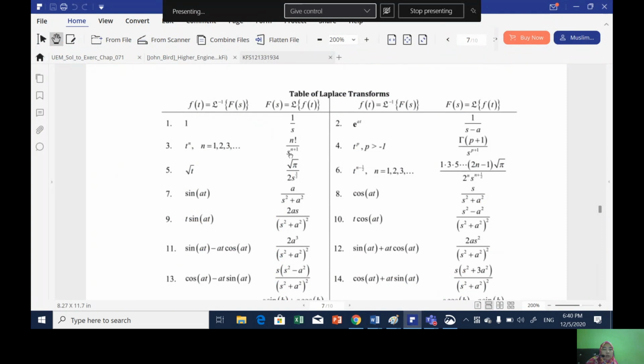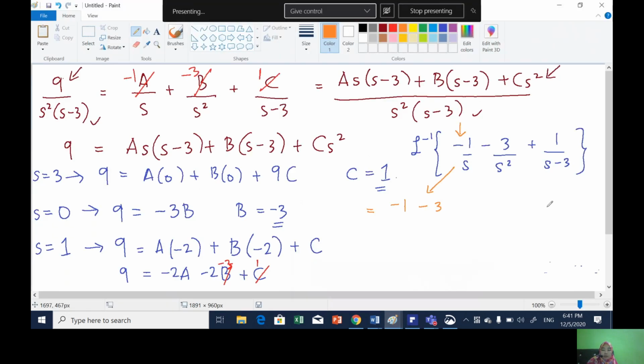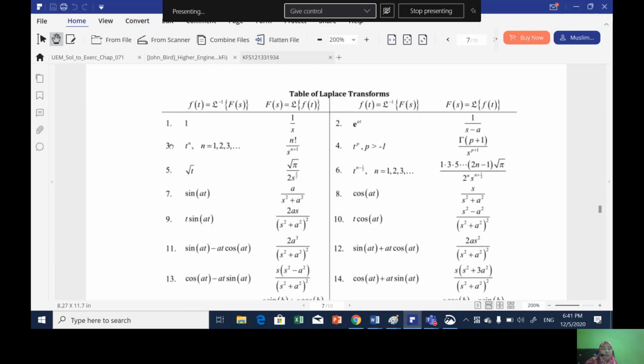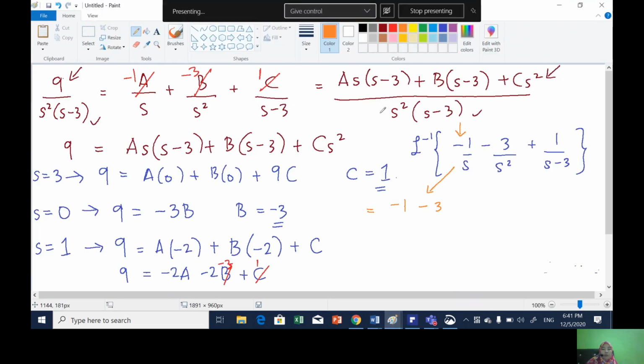Here our denominator is actually s to the power 2, therefore n plus 1 is equal to 2, so n is 1. So 1 factorial is 1. So you can take out negative 3, and the remaining part will be 1 over s squared. When we refer to the Laplace table, number 2, we have t to the power n, so we have t to the power 1. If you didn't write 1 also no problem, I just want to show it to you.